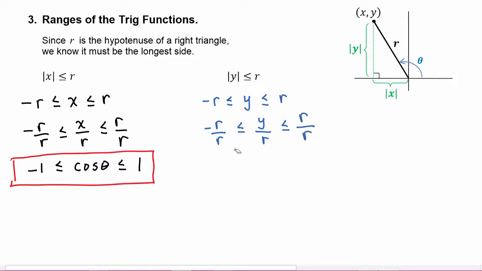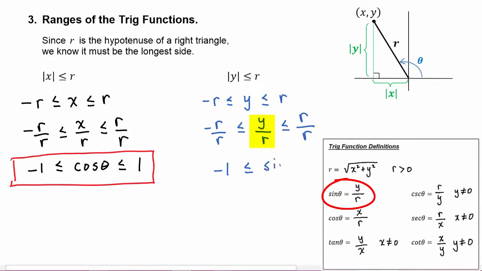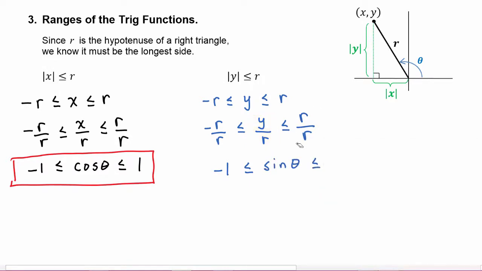And now negative r over r becomes negative 1. Y over r, that's the definition of sine of theta. And r over r is positive 1. So we just discovered that the range of sine of theta function is from negative 1 to 1 as well.